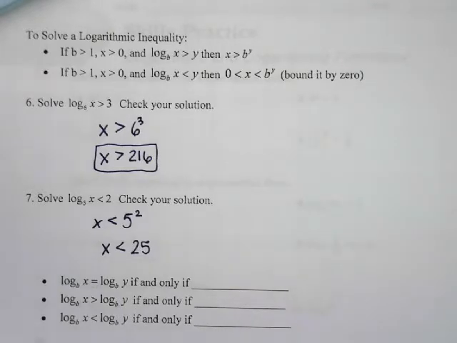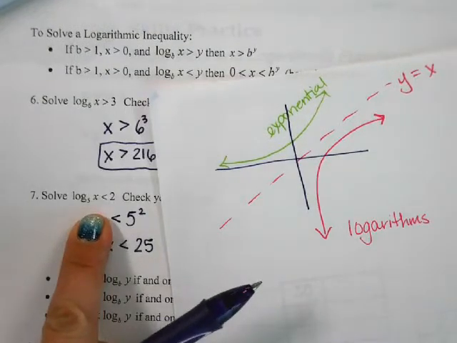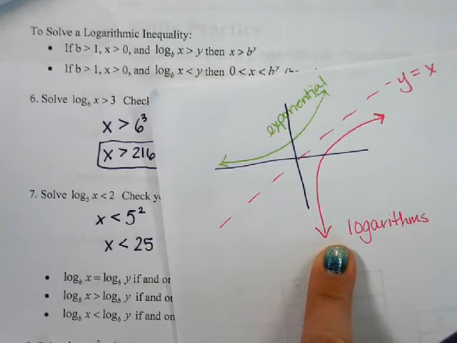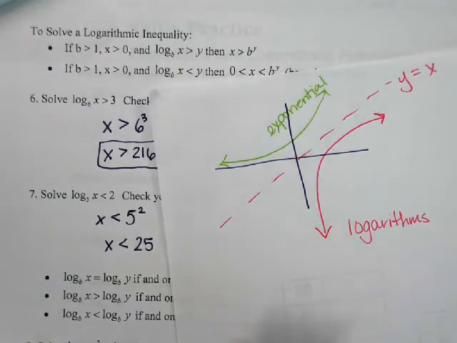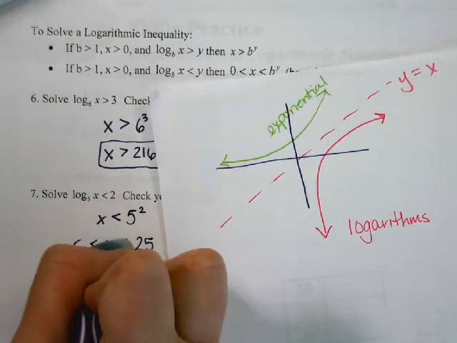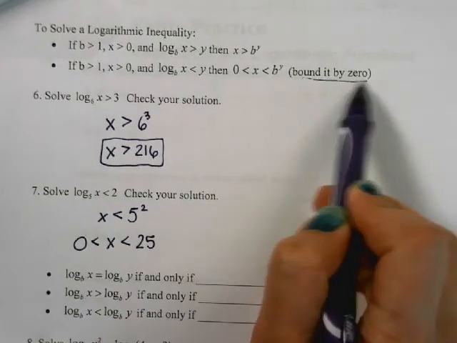Negative 839. Okay, well let me look at my graph though, because this is a logarithm. And what do you know about logarithms? They don't go negative. Then it has to be x is greater than 0, but less than 25. So what it's saying up here is that I have to bound it by 0.